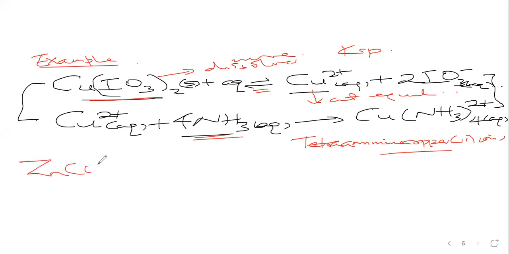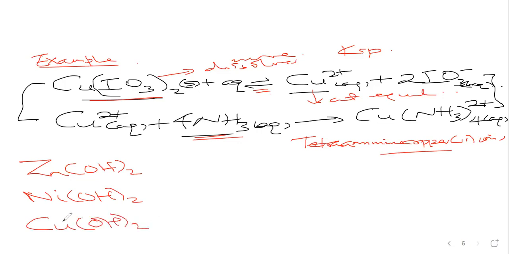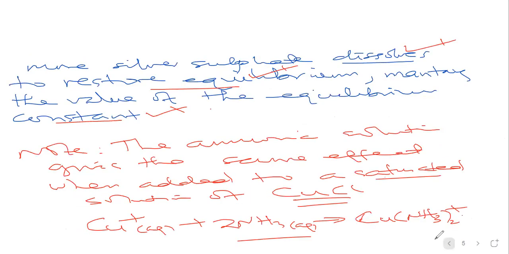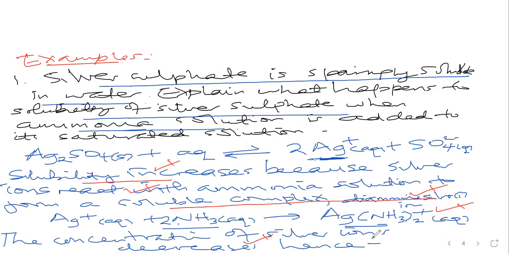So the same effect will occur with zinc hydroxide, with nickel 2 hydroxide, and with sparingly soluble copper 2 hydroxide. The moment you add the ammonia solution to their saturated solution, the same effect occurs. And you should be able to explain the way we have explained previously. You just replace the silver ions and the name of the complex with the complex formed in that special case. Are we together?